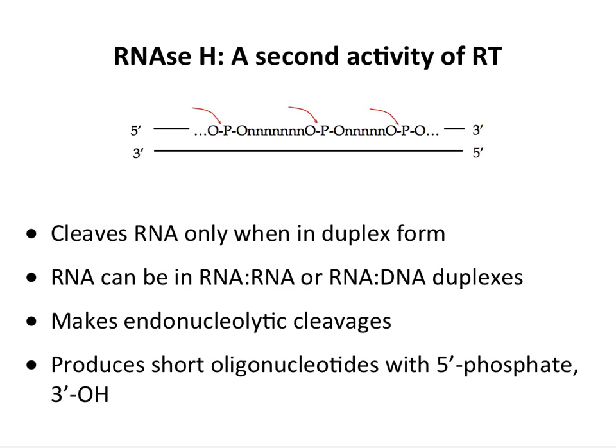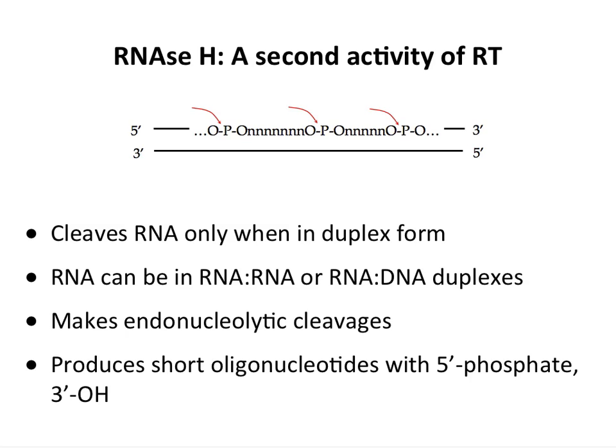Now, reverse transcriptase has a second activity. It's called RNase H. And this is an enzyme that cleaves RNA, but it has to be double-stranded. It has to be in a duplex form. It can either be RNA-RNA, which would be double-stranded RNA, or it could be an RNA-DNA hybrid.